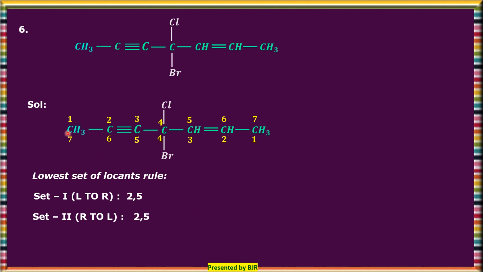Here you can see from left to right, triple bond, and from right to left, double bond. Both are seeking second position. That means both are competing for the same position. At that time, double bonds are given priority over the triple bonds.